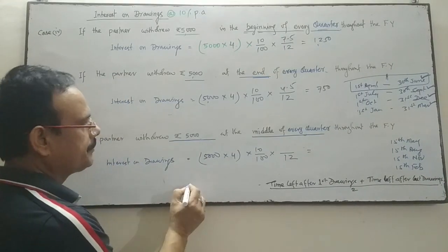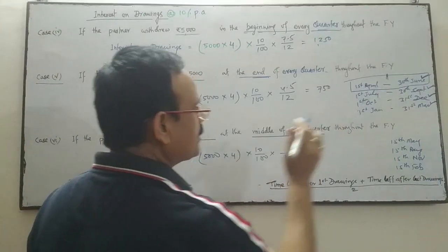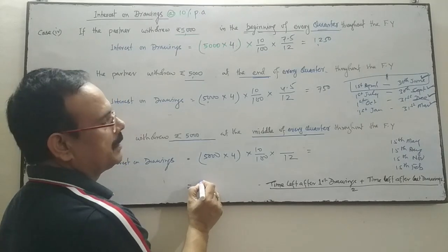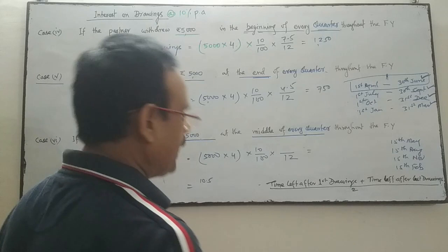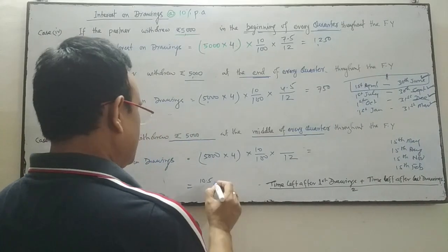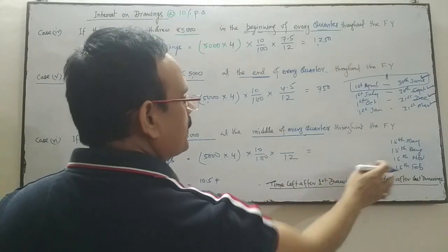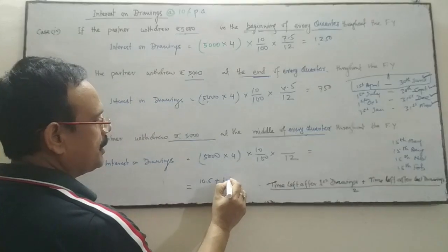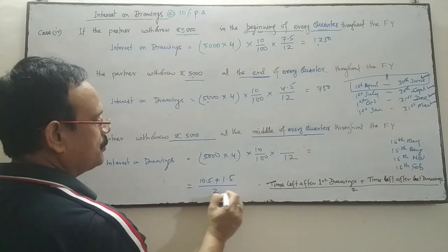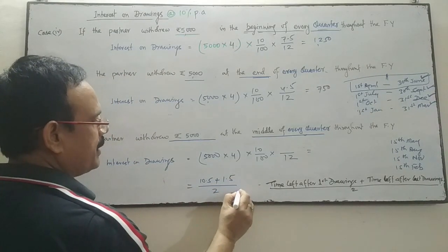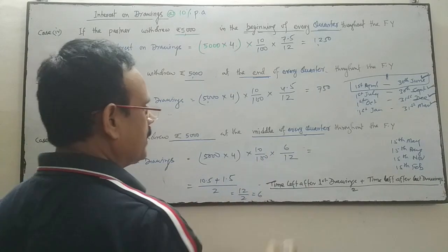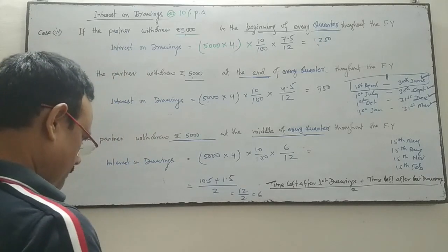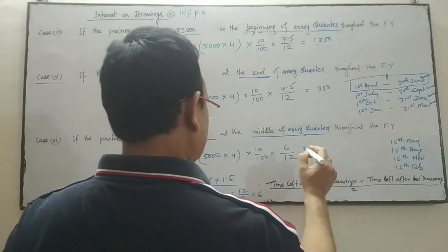So the time will be: 15th May to 31st March is 10.5 months, plus 15th February to 31st March is 1.5 months, upon 2, so it is 12 upon 2, 6 months. So this will be calculated for 6 months, and the interest is 1,000.